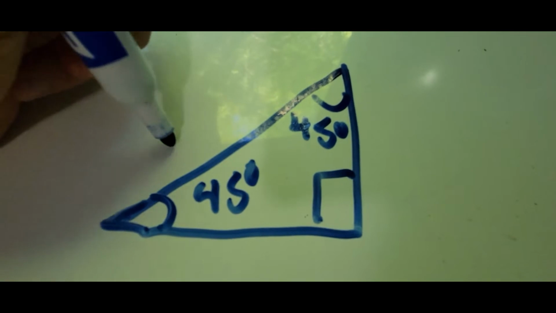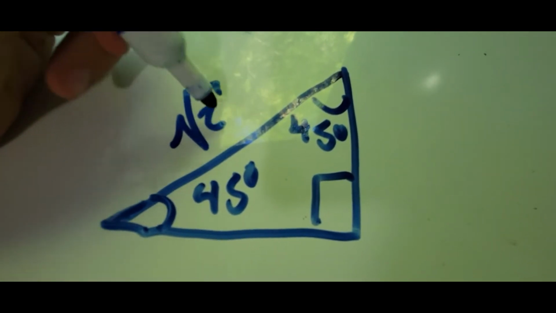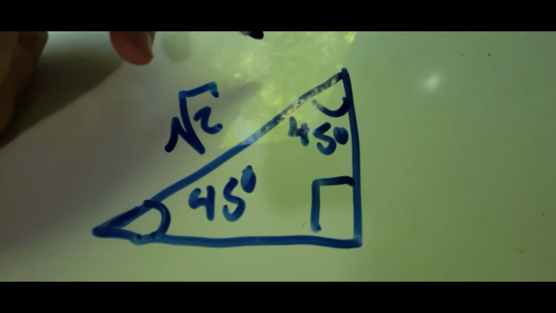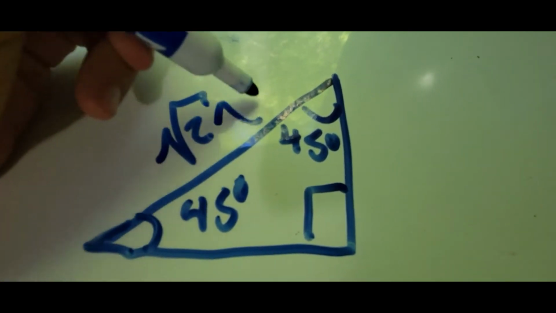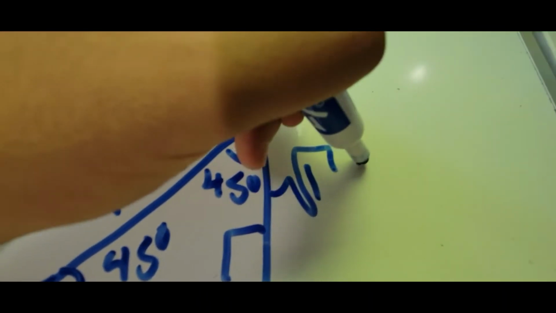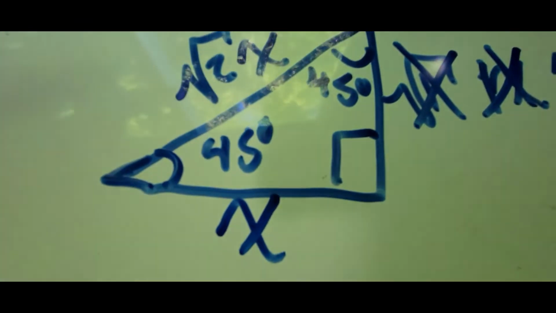So the hypotenuse for a 45-45-90 triangle is radical 2, and this actually resembles radical 2x. Over here, it would be radical 1, or just 1, resembling 1x, which would just be x. And this would resemble x as well.